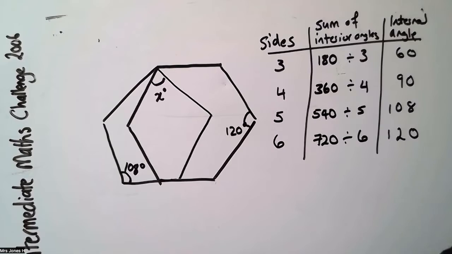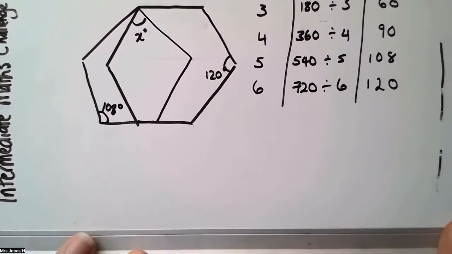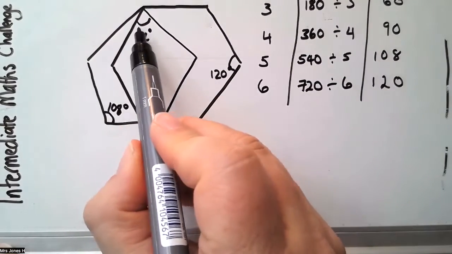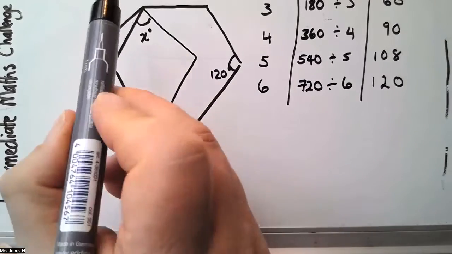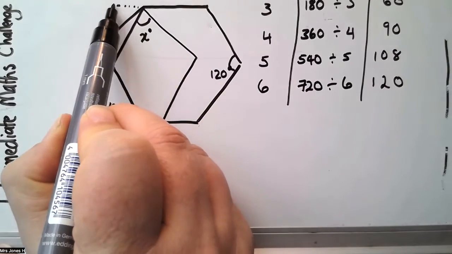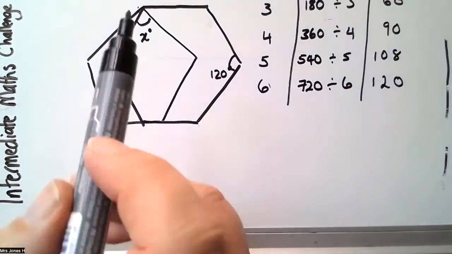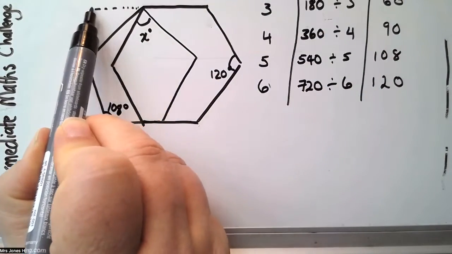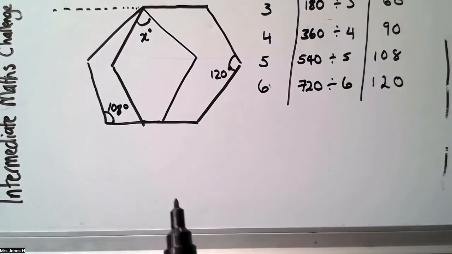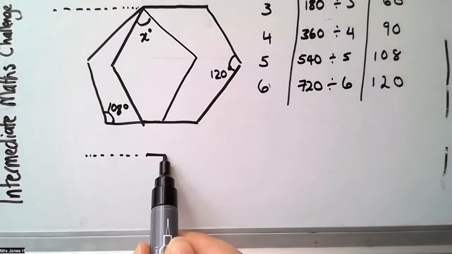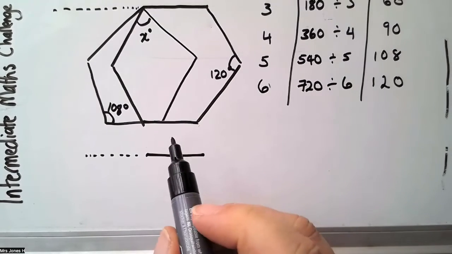So with that information, we can look at this interface just here. I'm actually going to draw a dotted line along here, a dotted straight line. Then the straight line for the hexagon.